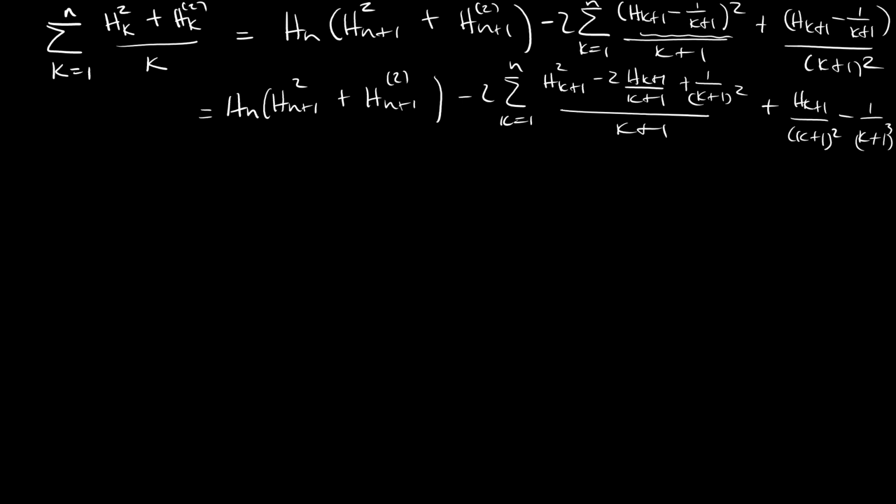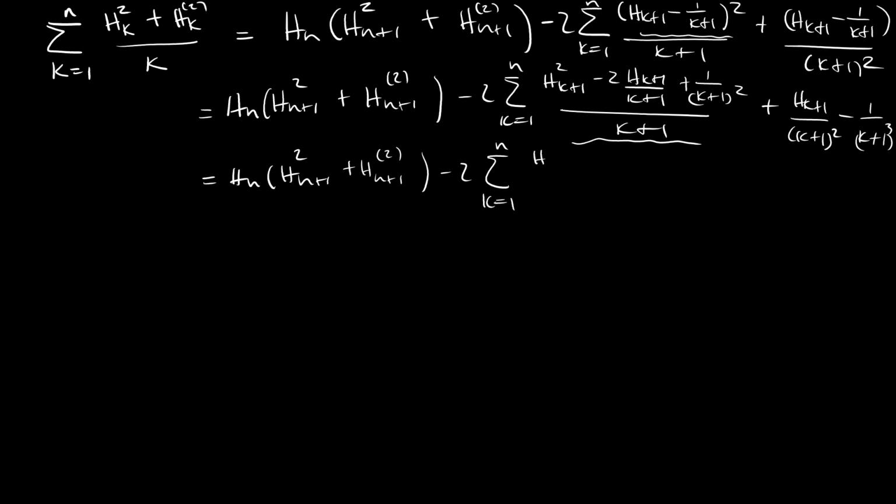Okay, so let's re-express this in a way that is as simplified fractions. So we have hn squared, hn plus 1 squared minus 2, and this is from k equals 1.